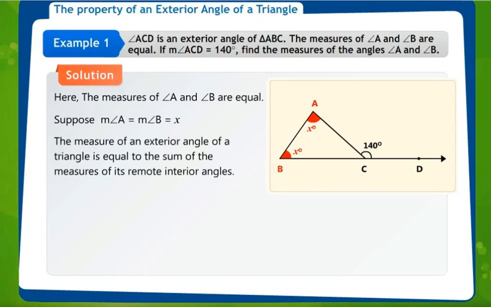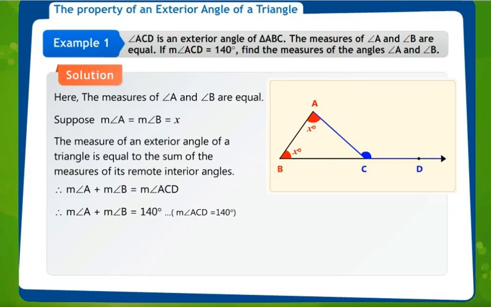Now according to the property, the measure of an exterior angle of a triangle is equal to the sum of the measures of its remote interior angles. That means measure of angle A plus measure of angle B is equal to measure of angle ACD. Now A and B are equal to x.